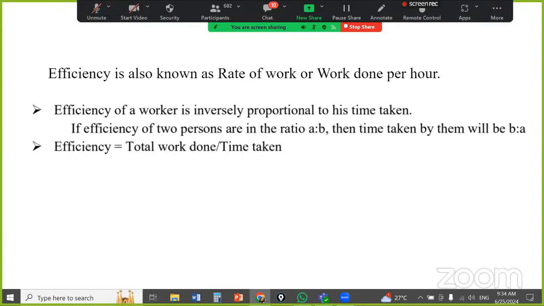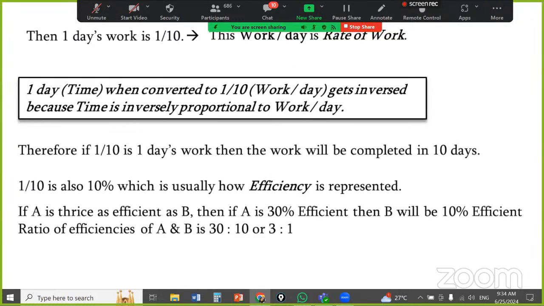That is the efficiency of that particular person. That's why we say that time taken is inversely proportional to this efficiency. This one we should remember.